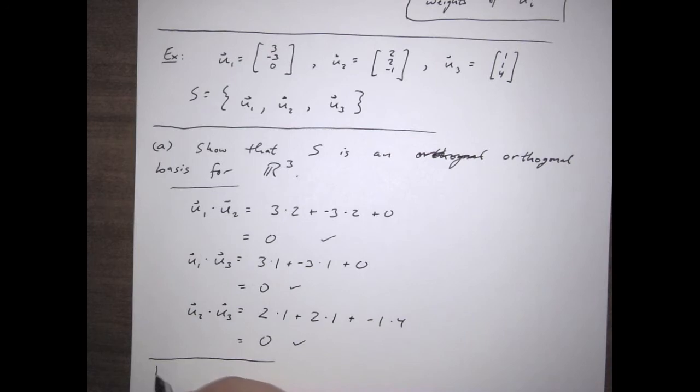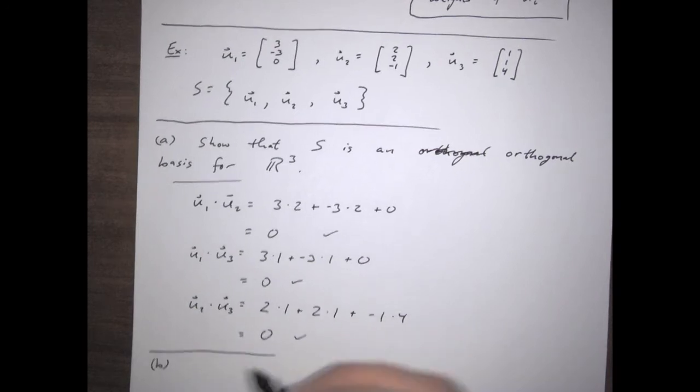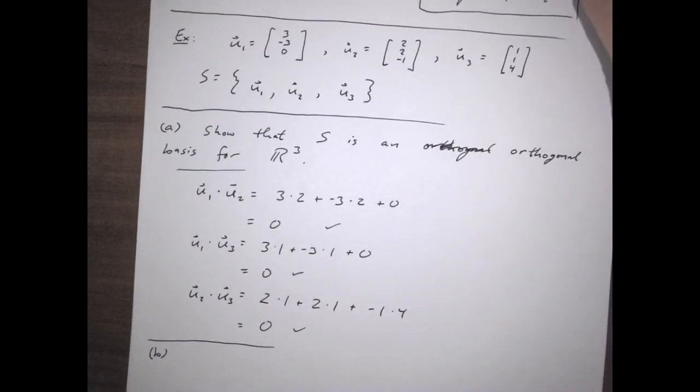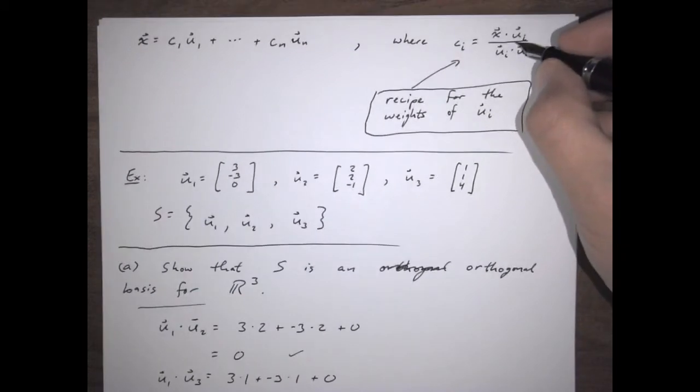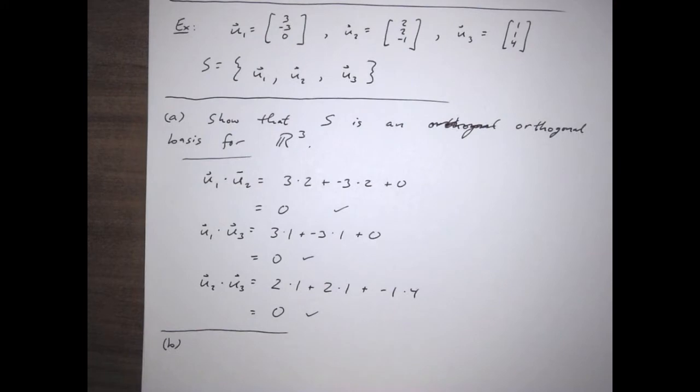Now let's let the magic of orthogonal bases work for us. So if we look here, we can find that the weights are all going to be a matter of dot products of x with u and u with itself. So what we need is an x.